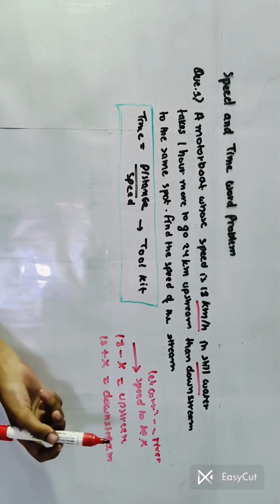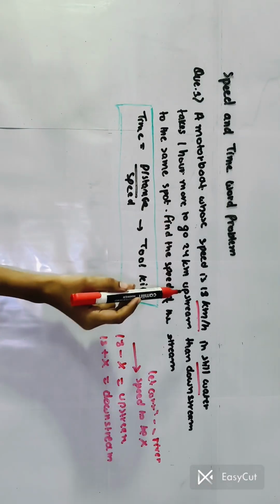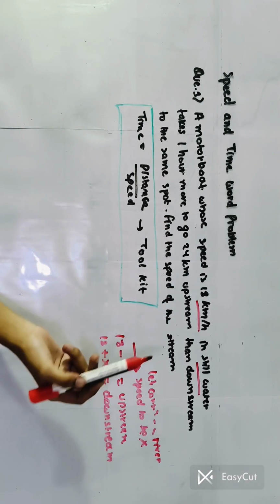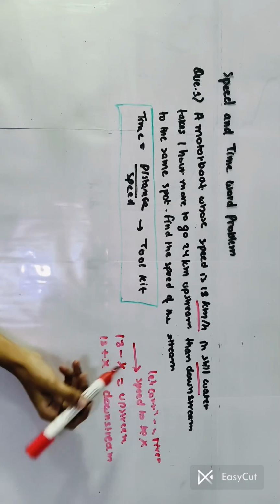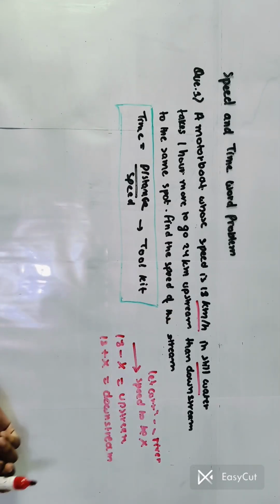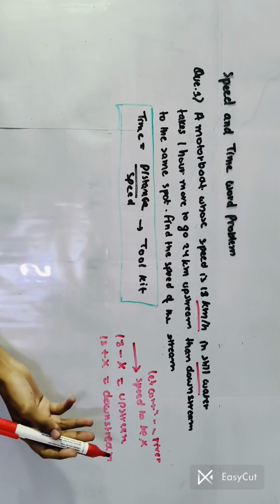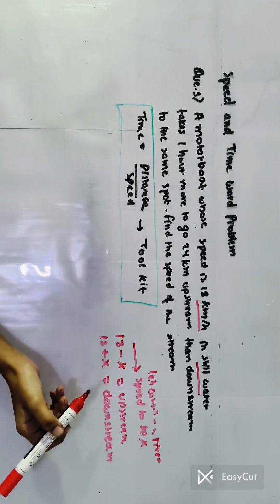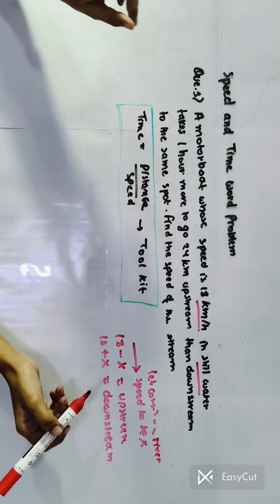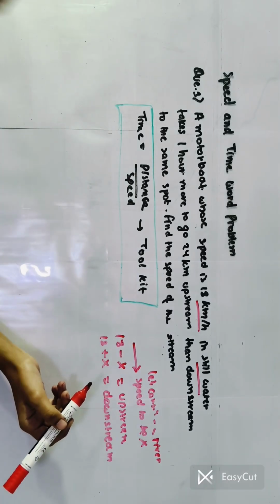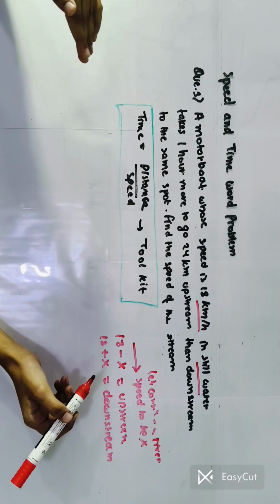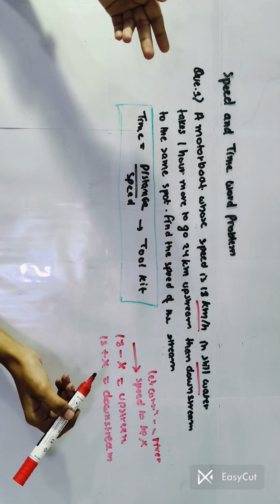Here the question says a motorboat whose speed is 18 km per hour in still water. 18 km, you can see in both cases I have written 18 km per hour because it's a speed in still water. It takes 1 hour more to go 24 km upstream than downstream to the same spot.